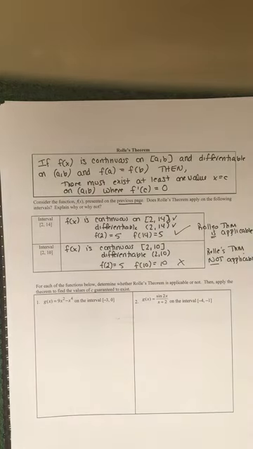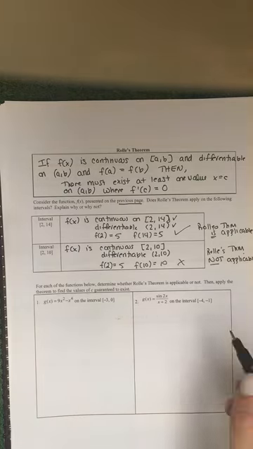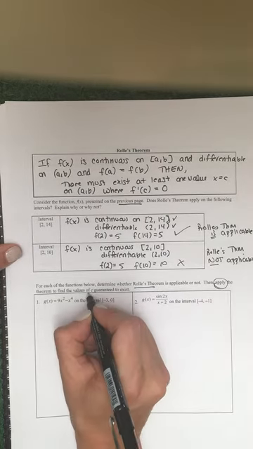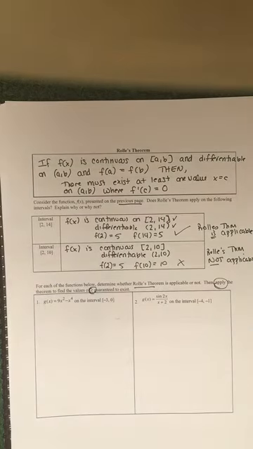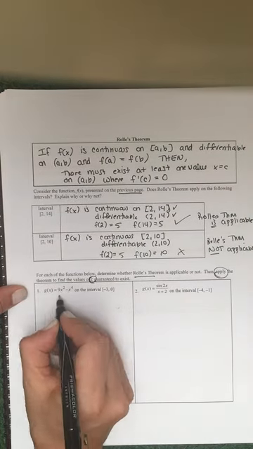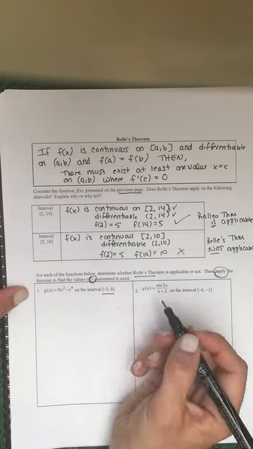So let's keep looking at this and actually apply the theorem. For each of the functions below, we're going to determine if Rolle's theorem is applicable or not, and then we're going to apply it to find the value of c. So we've got this polynomial function on this closed interval.